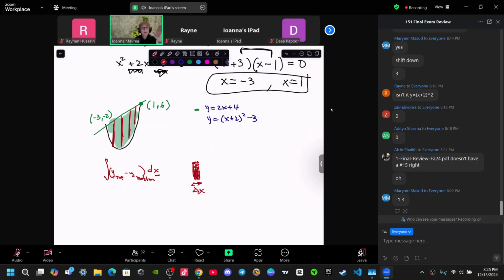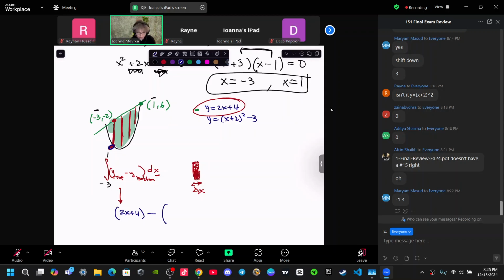So the limits are going to be the x limits, how far to the left and how far to the right. So the x goes from -3 to 1, right? So the line segment, the y top is the line, the y bottom is the parabola. So the y top is the line, where the line is 2x plus 4, minus the y bottom on the parabola.